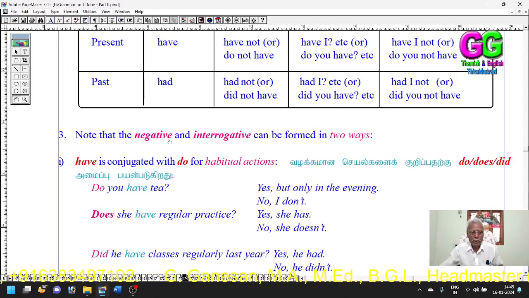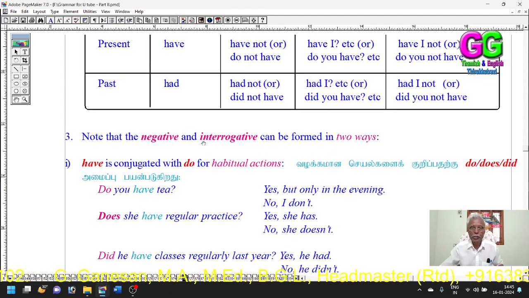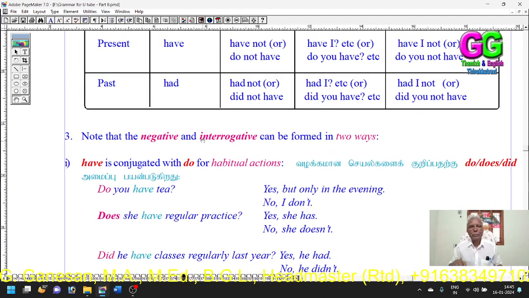Note that negative and interrogative can be formed in two ways. My dear students, my dear teachers, it is very, very important. In the negative and interrogative, two forms are used.